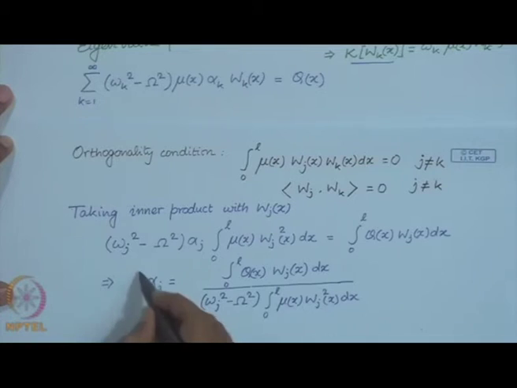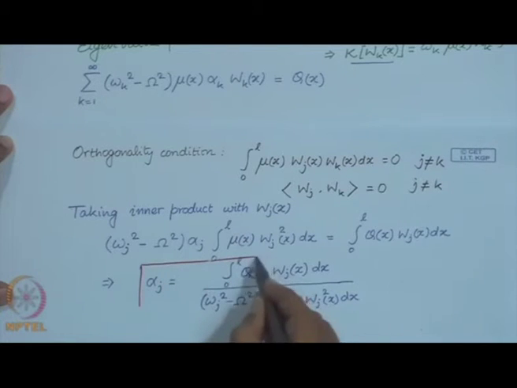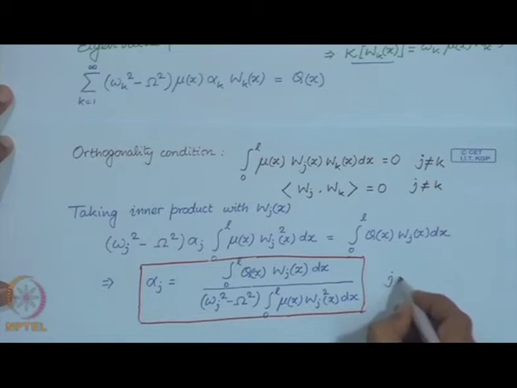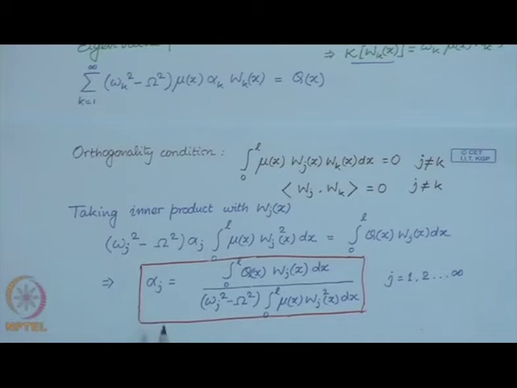that is the solution for alpha j. Now, I can take j from 1 to infinity and solve for all these alpha j's, but this is contingent on the condition that the forcing frequency is not equal to any of the natural frequencies of the system.